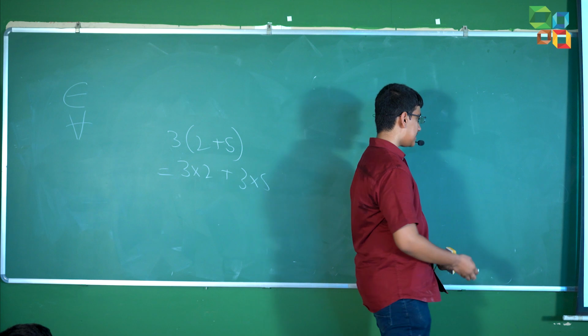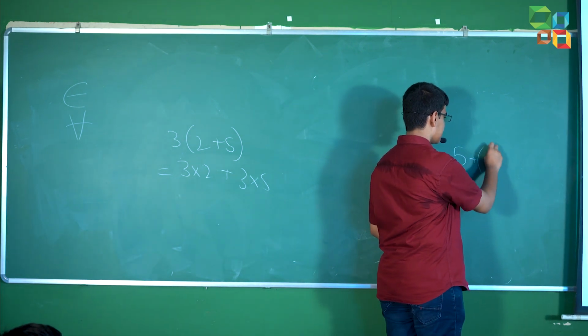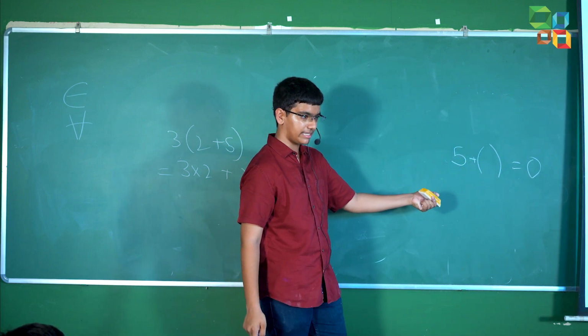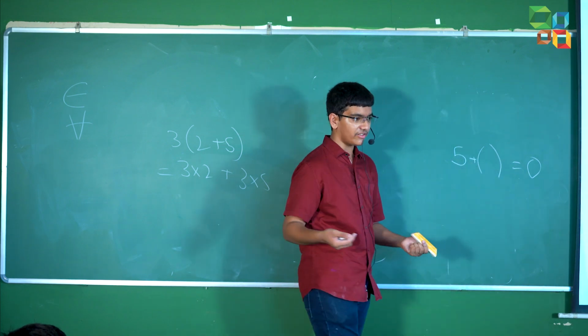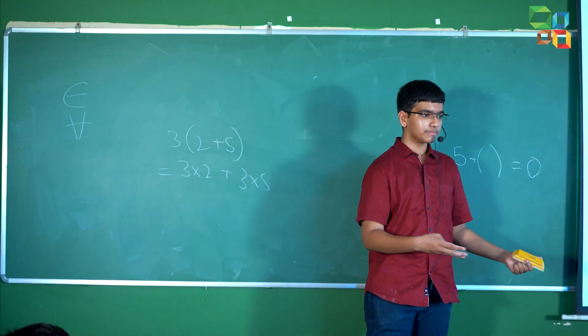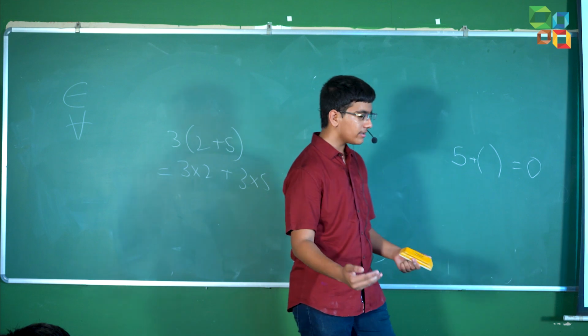If you take 5, what do you add to it such that you get 0? That's negative 5 in this case. So 5 plus negative 5 is 0. Negative 2 is the inverse of 2. Those are called additive inverses.